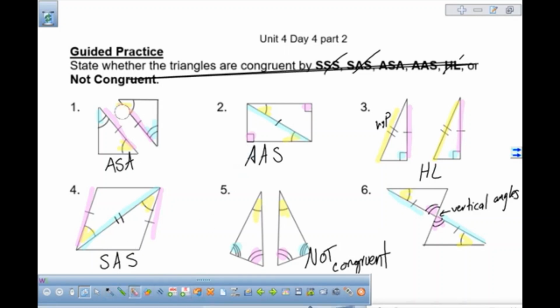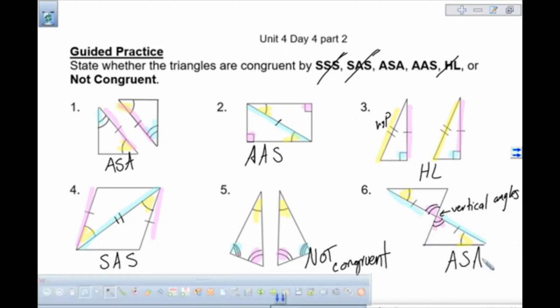And then we need to look and see if that side is being made by those two angles or not. And in this case it is being made by our two angles, so we have angle, side, angle.